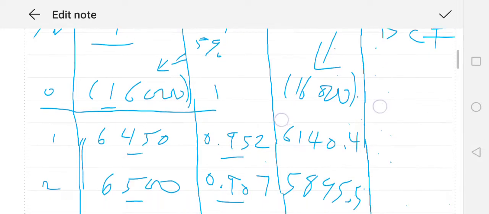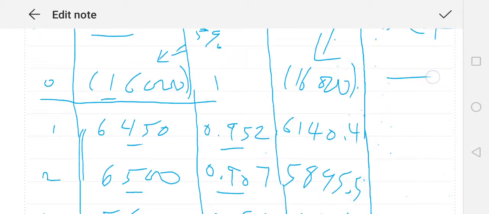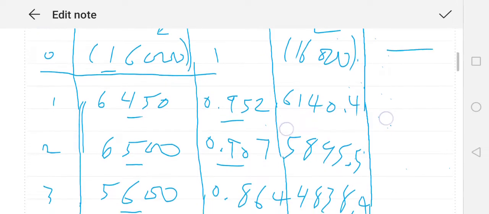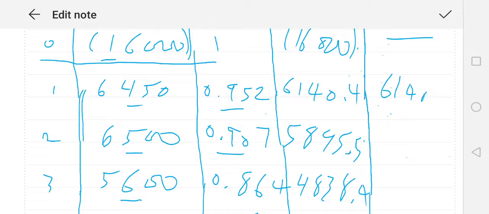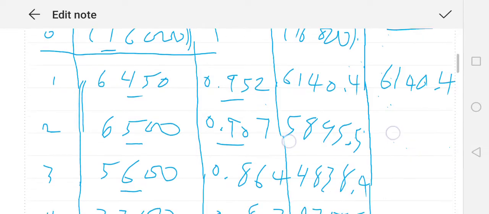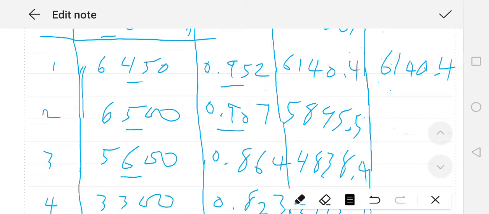But for the initial outlay we leave it because we don't need it here right now. So for year 1 we have 6140.4.